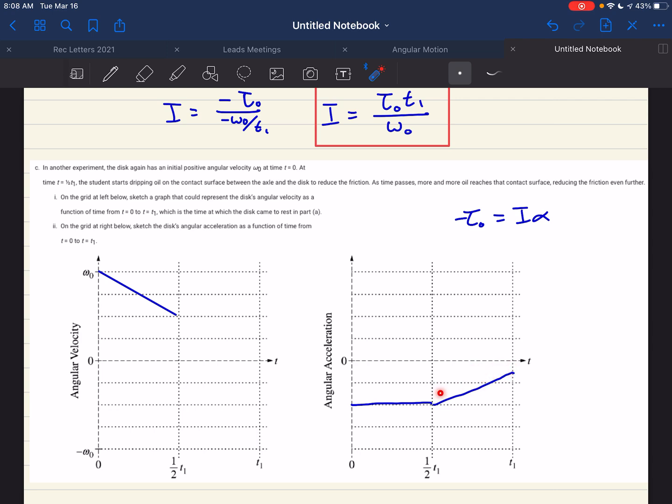So I think this is suitable, and that means this would actually be kind of like that and curved a little bit, like concave up. And honestly, this one here could actually look kind of more like that. It is not just a constant slope, it could be curved as well, but we just don't know.